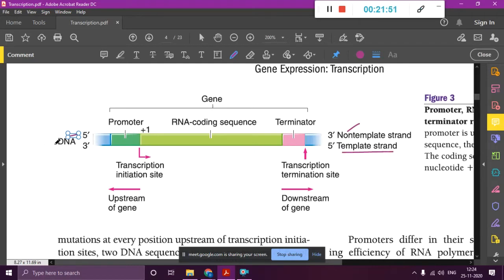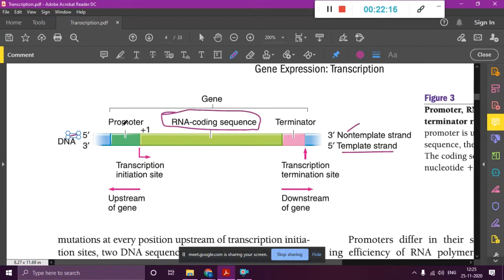You have this RNA coding sequence. This is the sequence which will be made into RNA. This light green region is going to be made into RNA. This region is not going to be made into RNA, but it is very important for transcription.